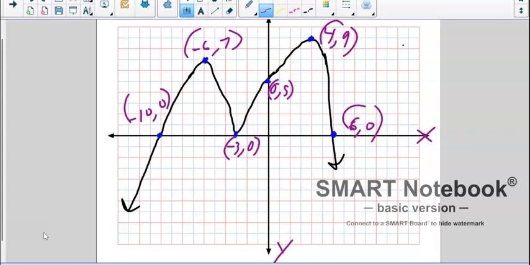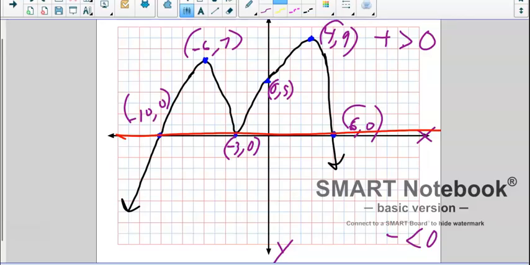So when we talk about a function being positive or negative, we're basically talking about above or below zero. Positive is above zero, and negative is below zero. Anything under the x-axis is negative, anything above is positive.